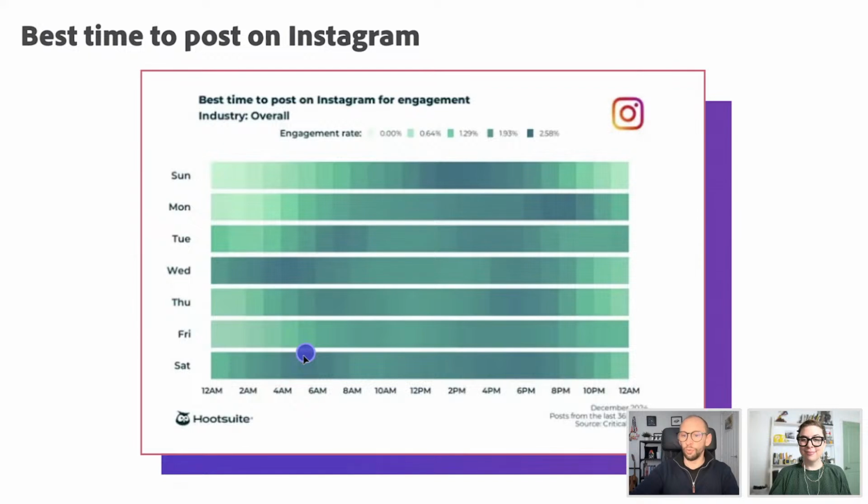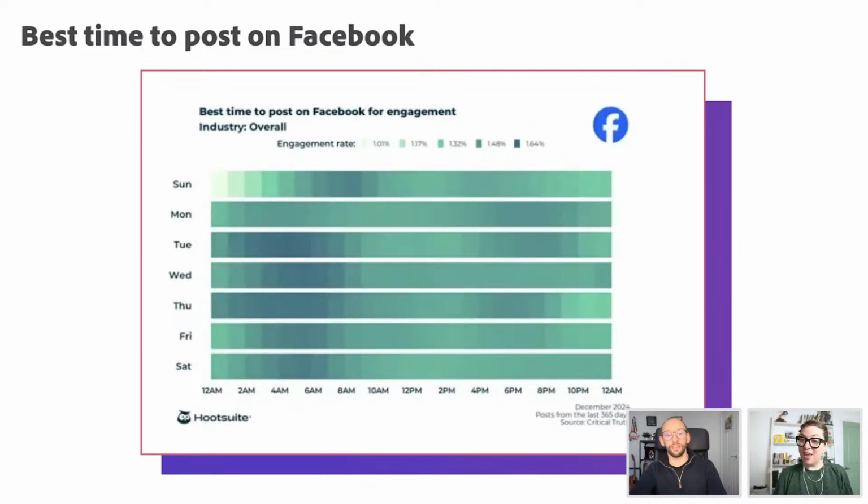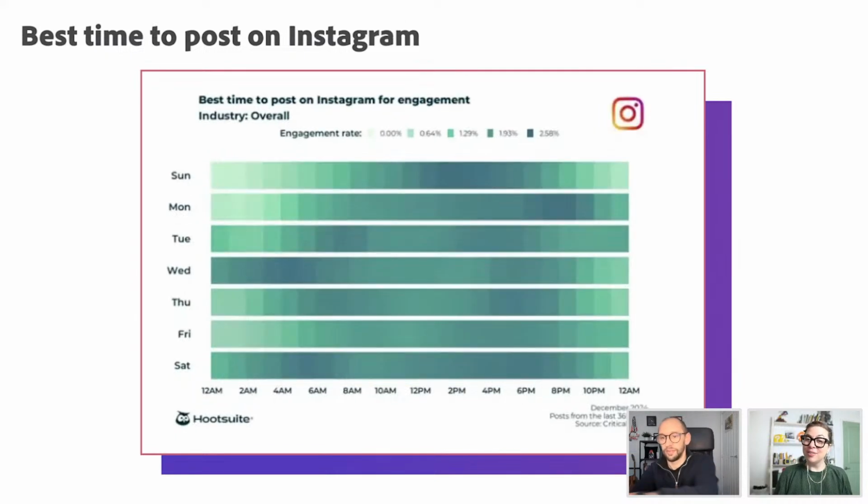But I think some of this is quite interesting depending on your audience, because there's a lot of activity on Sunday. It gets very dark on Sunday there. So I never post on a Sunday. So actually, maybe there's increased opportunity there. Well, and as we'll talk about at the end, you can schedule your posts. So if you don't want to work on the weekend, you can plan ahead.